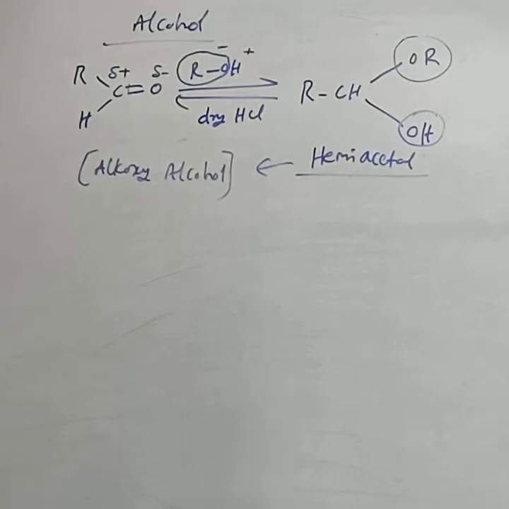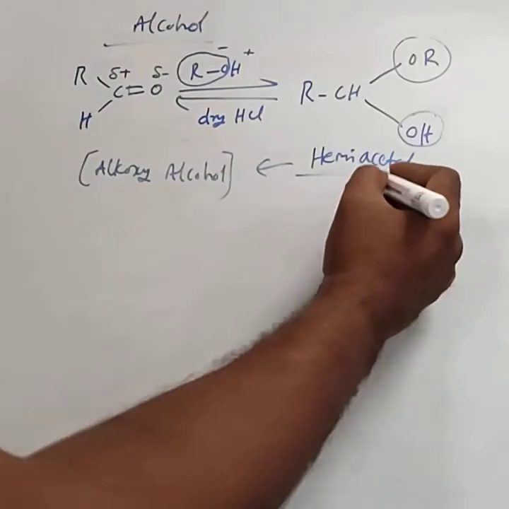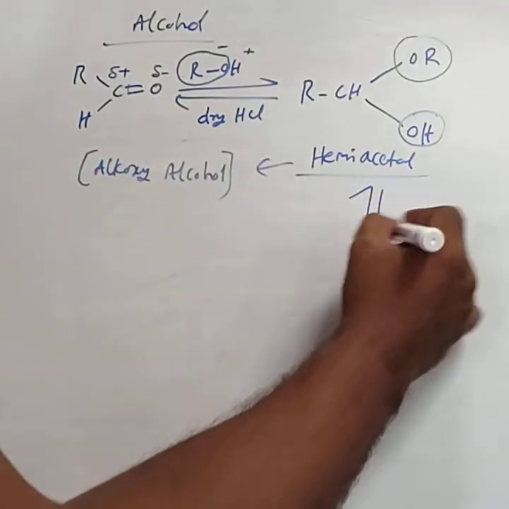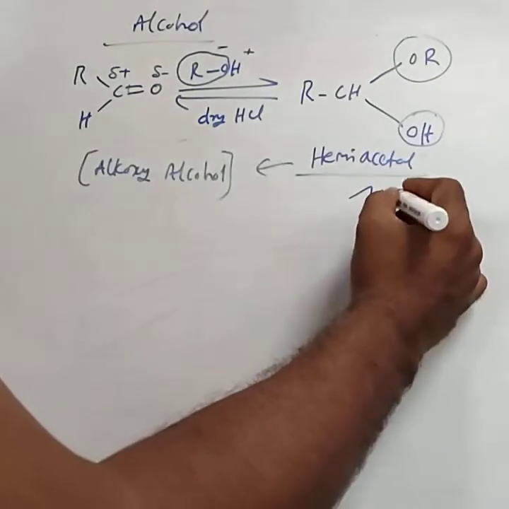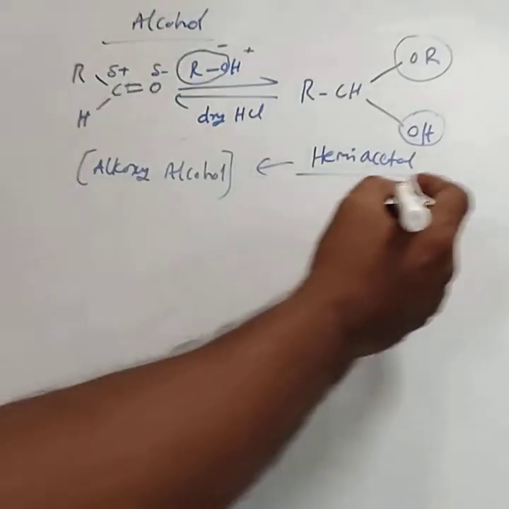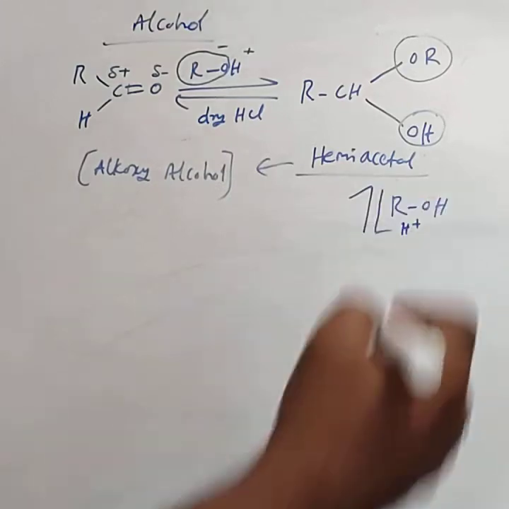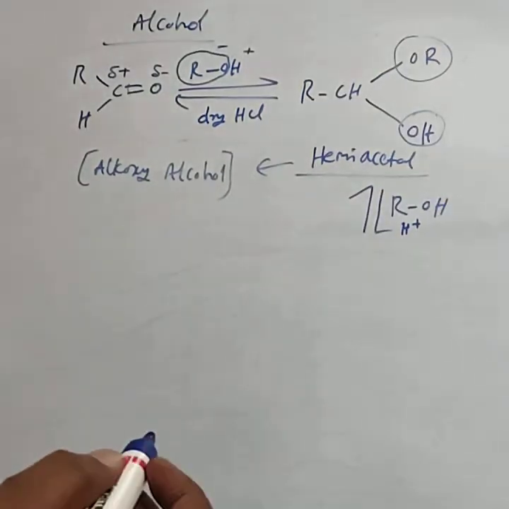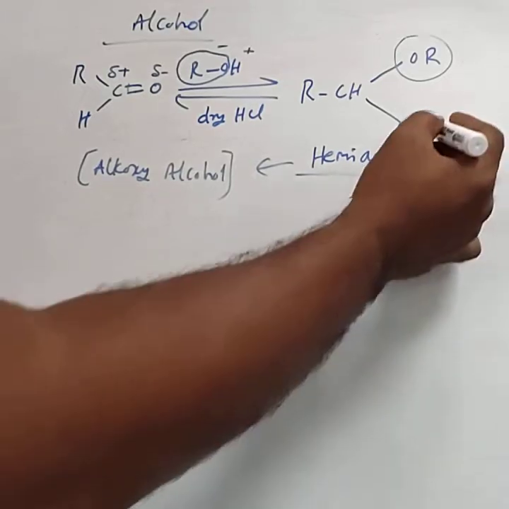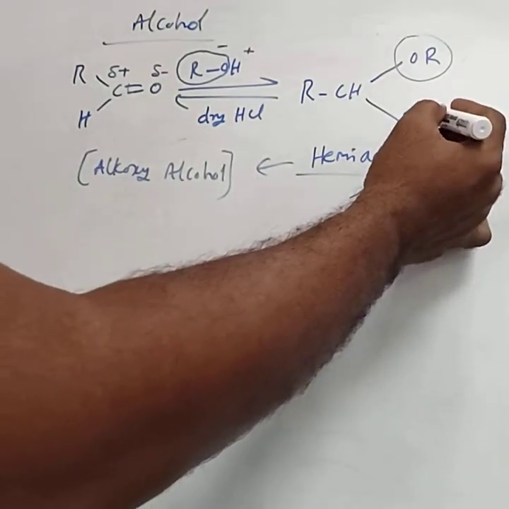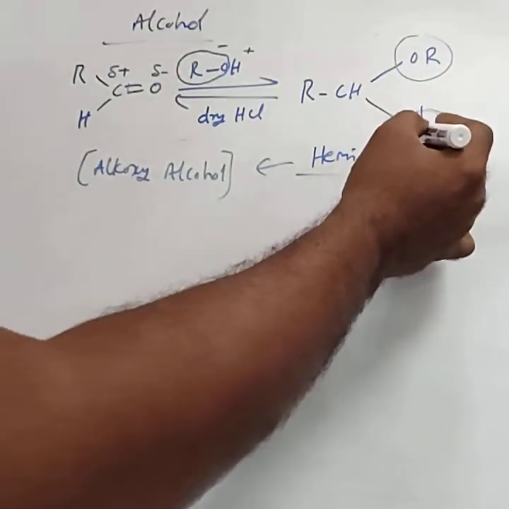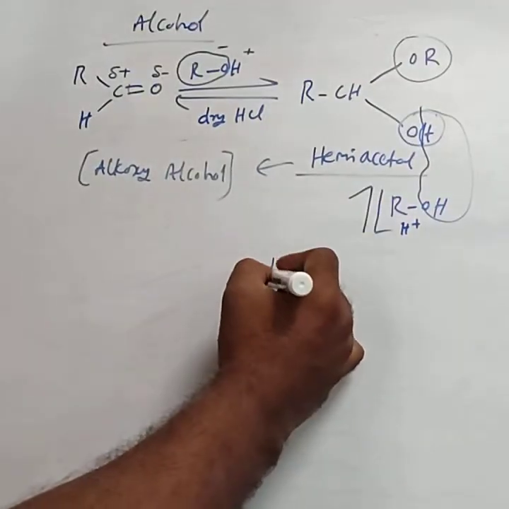This hemiacetal further reacts with one more mole of alcohol, another equivalent of alcohol, in the presence of an acid H+. Then removal of water takes place from this OH and this H, and to this O, R gets added.